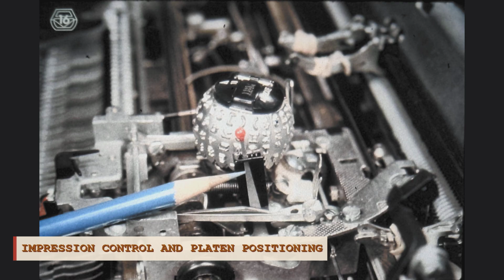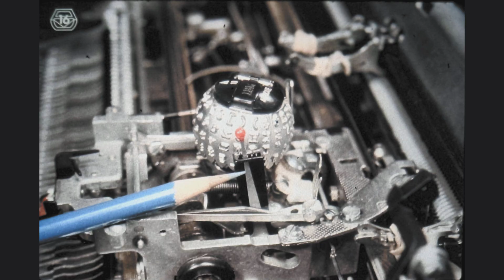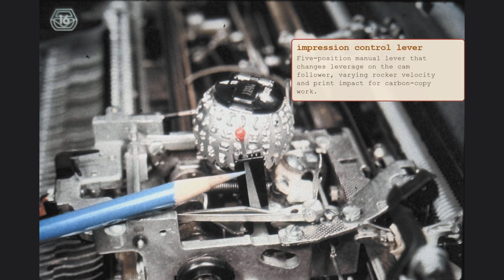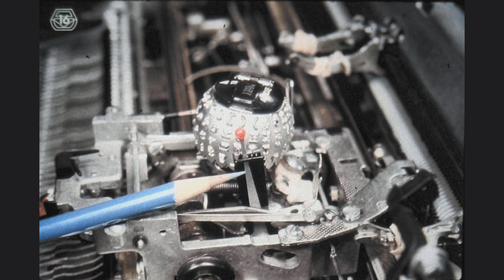Dual impression machines come equipped with one more feature which has an effect on the momentum with which the rocker is swung against the paper. It is called the impression control lever, and it is indicated here by the blue pencil. Notice that this lever has 5 possible positions, which must be selected and preset manually.